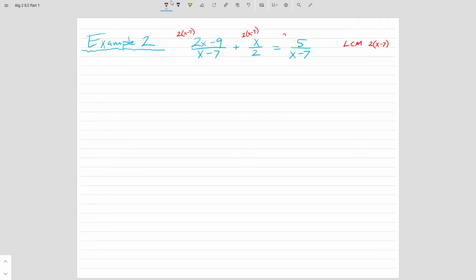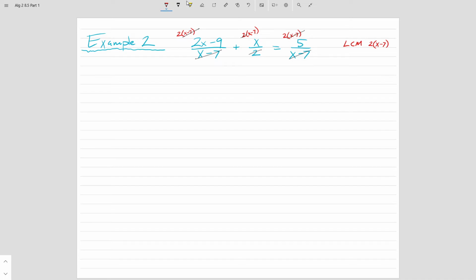We're multiplying every term by 2 times x minus 7. And we specifically are doing that because then that would purposely cancel every single fraction. And it should cancel them perfectly.